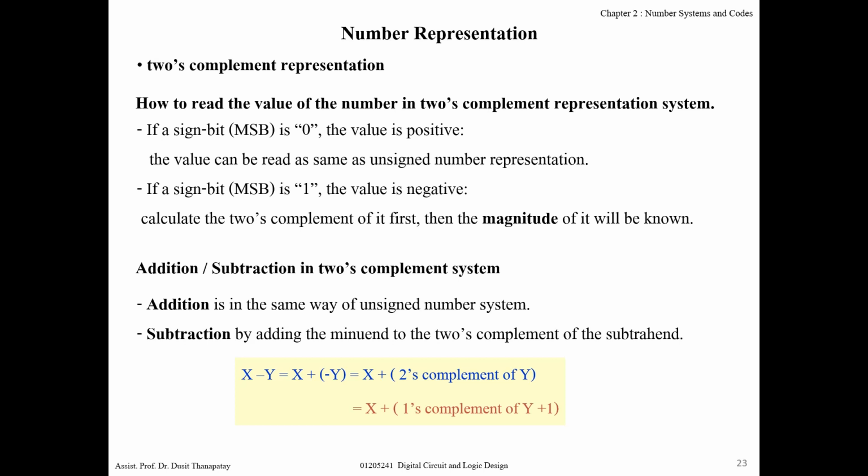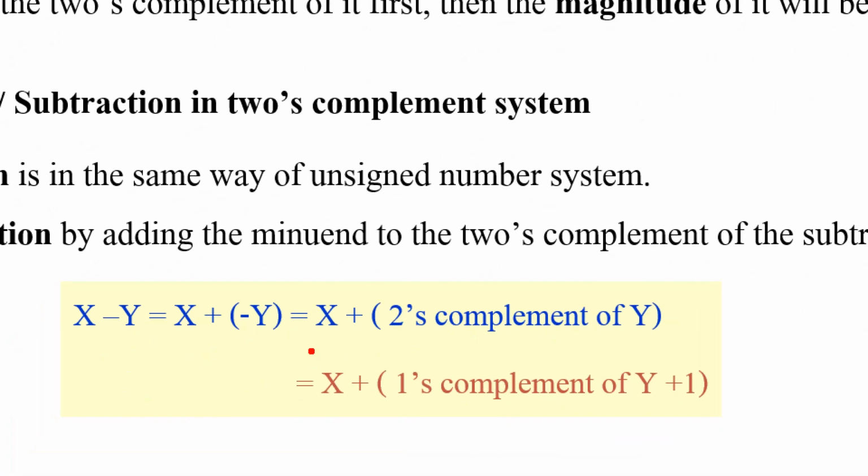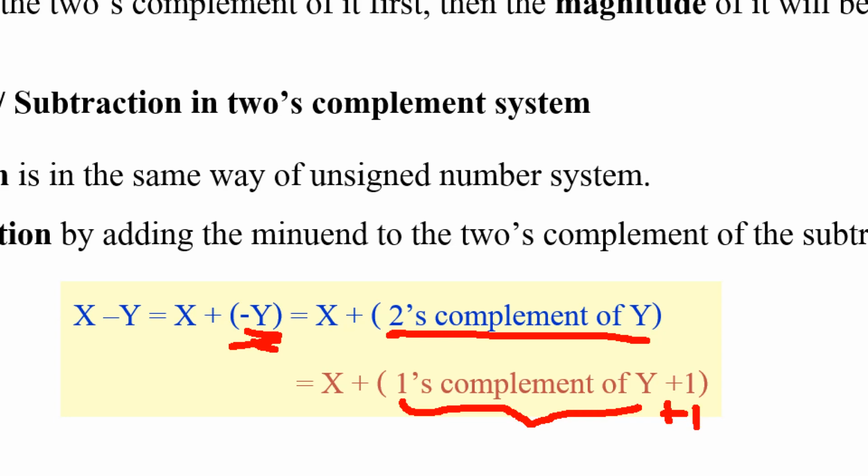For addition, you can do it easily the same way as unsigned numbers. For subtraction, for example x minus y, you can consider it as x plus minus y. For minus y, you can use the 2 complement of y, and you may calculate it by finding the 1 complement of y and then adding 1.